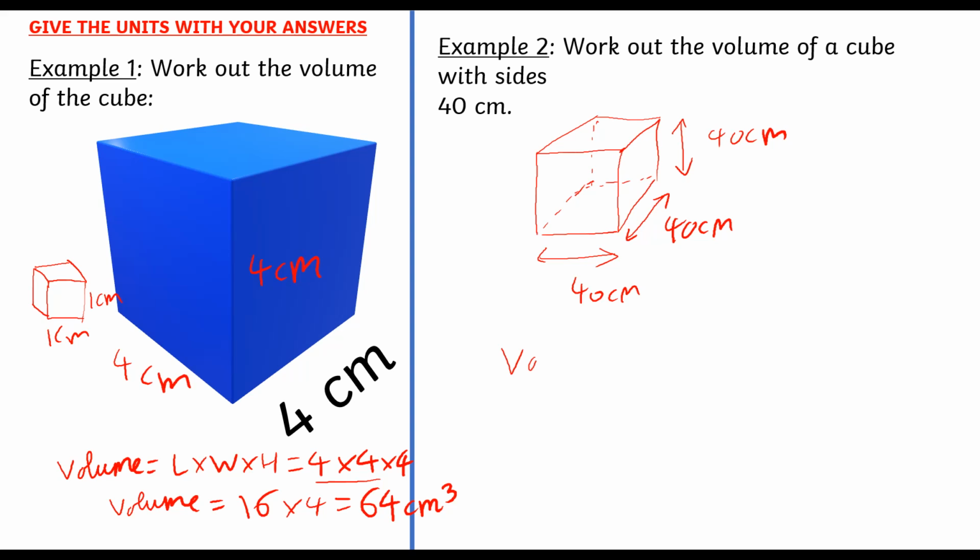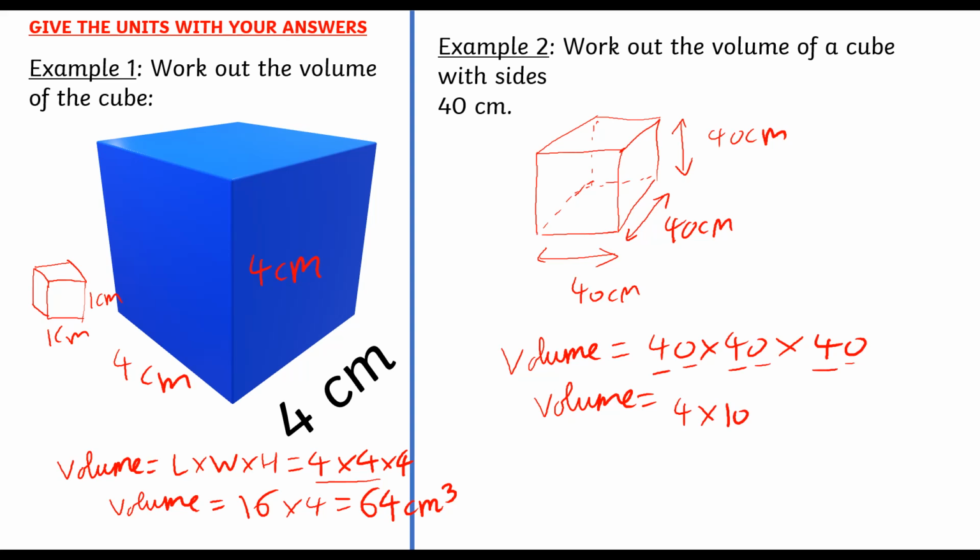So if I want to work out the volume, we simply need to do length 40 times width 40 times height 40. So we need to do 40 times 40 times 40. Now, to do that, I can basically say I've got 4 times 4 times 4, and then 10 times 10 times 10, because 40 is 4 times 10. So it's like I'm doing 4 times 10 times 4 times 10 times 4 times 10.